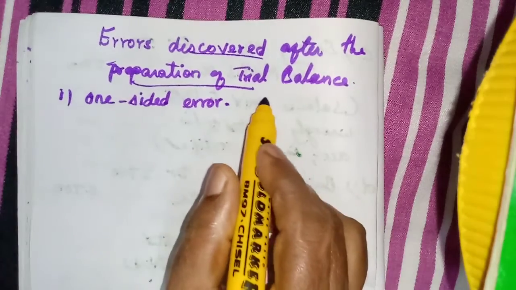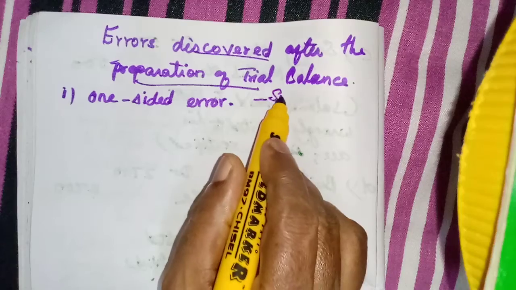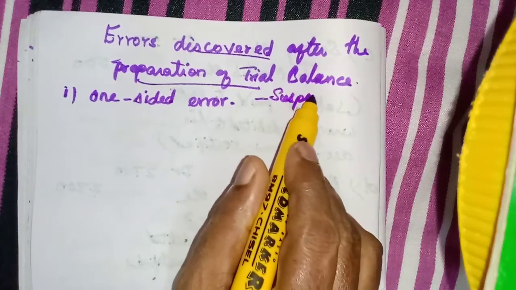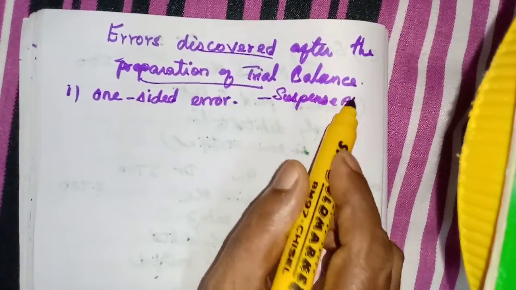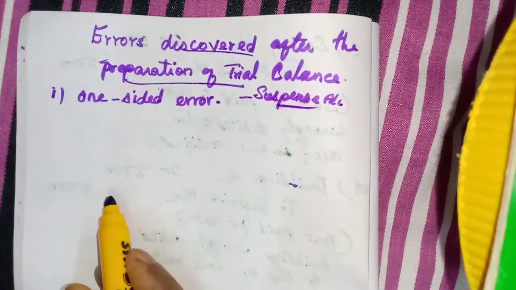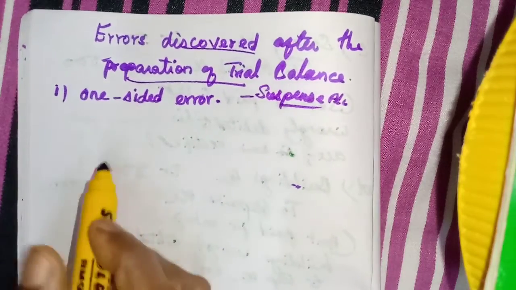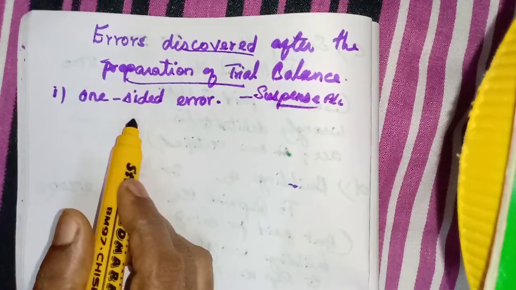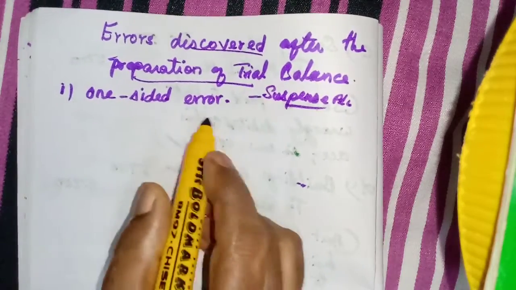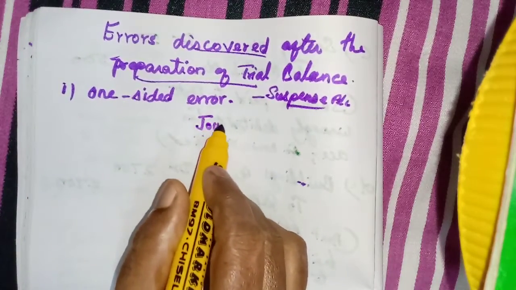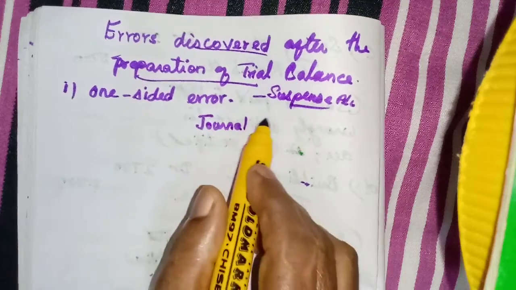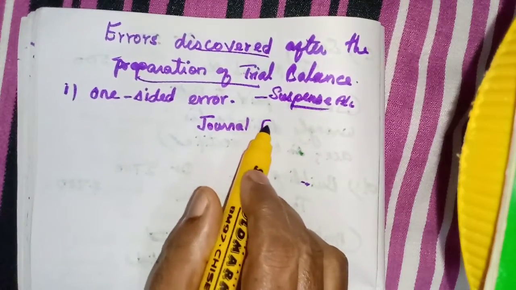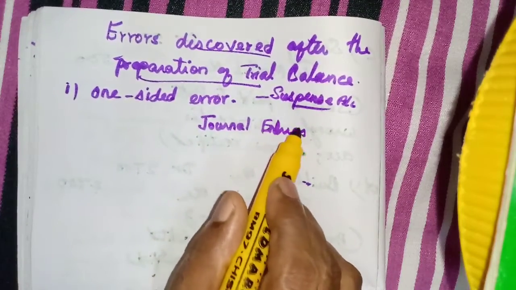They will write the difference amount as suspense account and close the trial balance. If it is a one-sided error, we can write it as a journal entry only. So now rectifying entries, not journal entries, we need to prepare.